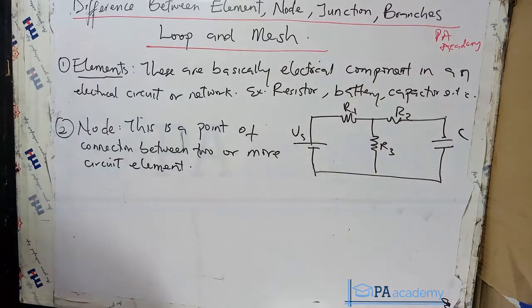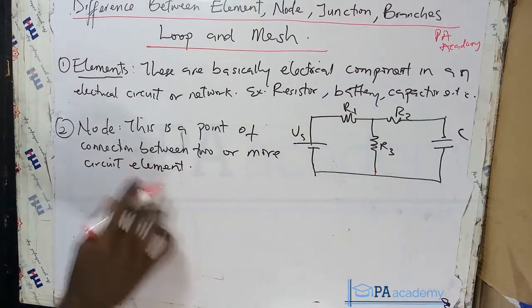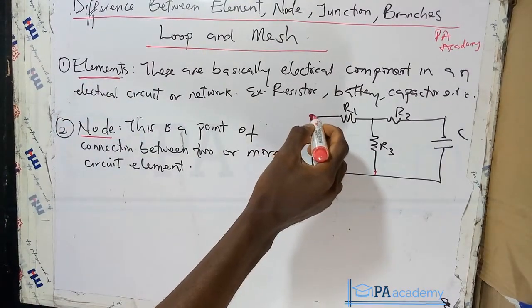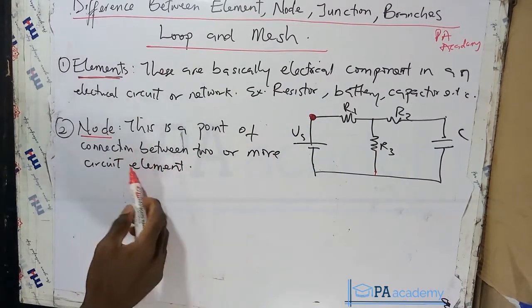Now I'll also use this circuit to explain what a node is. We said that it is a point of connection between two or more circuit elements. We already know what an element is, which is quite alright. Now this point here is a node. Why? It is connecting what? Two or more circuit elements.